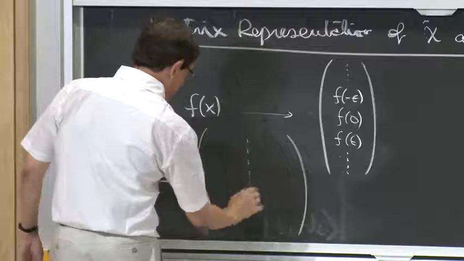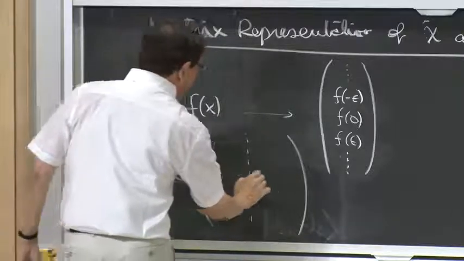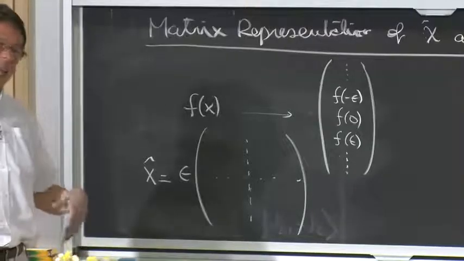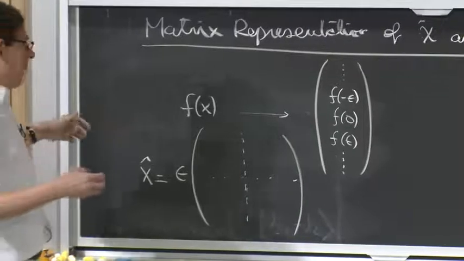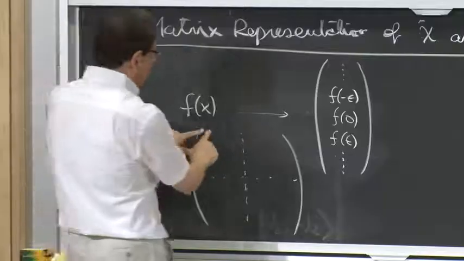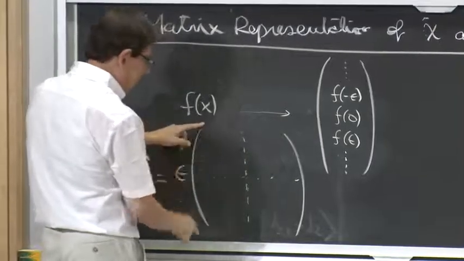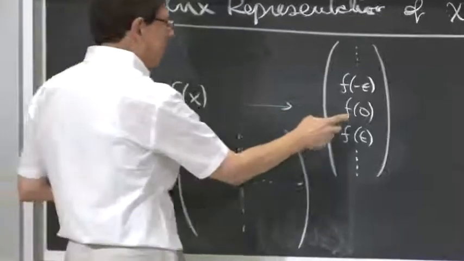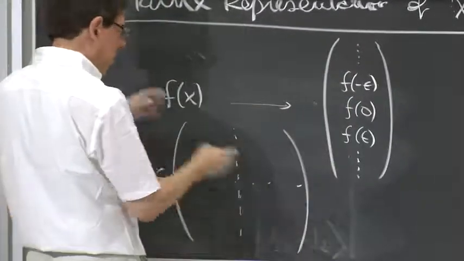And in these matrices that I'm writing, the indices run not from 1 to infinity. It's more convenient, perhaps, to let them run from minus infinity to plus infinity.